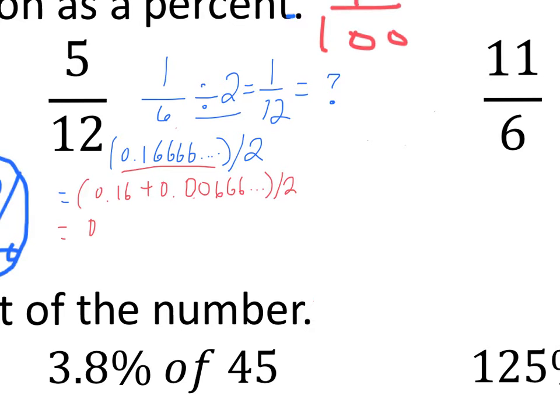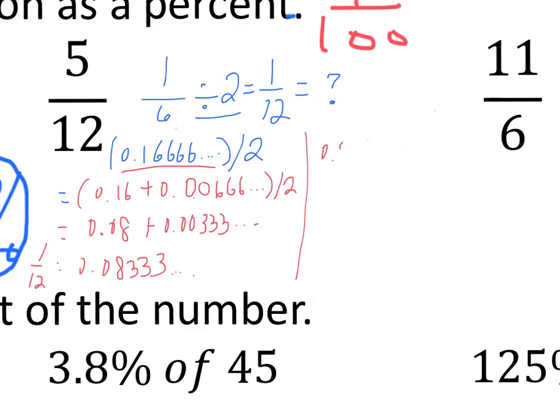Okay, so 0.16 divided by 2 is 0.08. 0.00666 repeating divided by 2, you will get 0.00333 repeating. And when we add this together, we get 0.08333 repeating, and 1/12 will be equal to that. And then we could do a little trick.